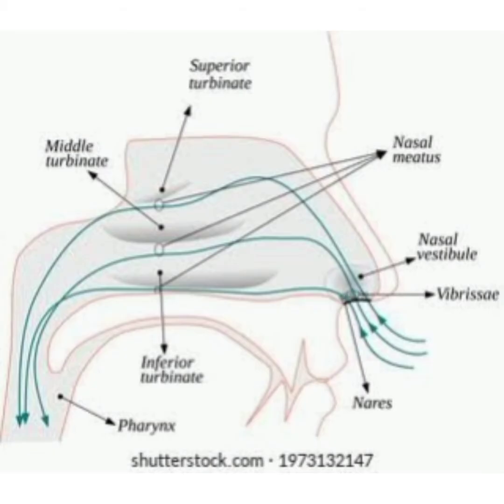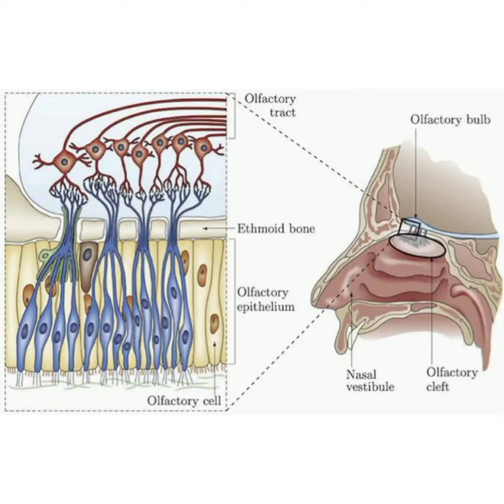This vestibule contains some sweat glands, sebaceous glands and coarse moist hairs called vibrissae. This helps in filtering out the solid particles from the inspired air.